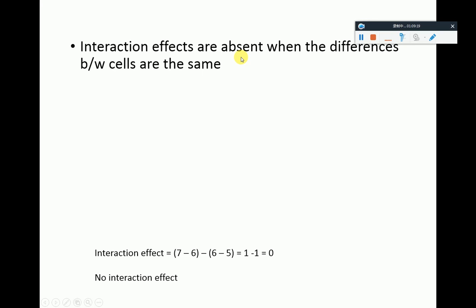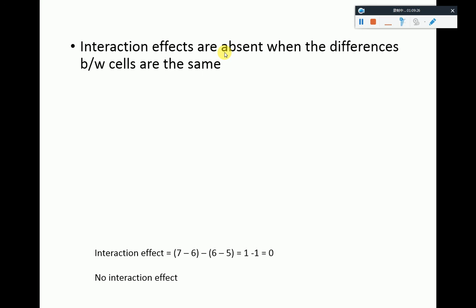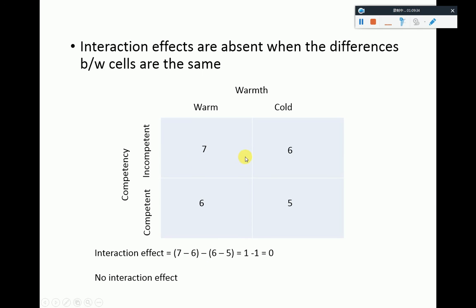And interaction effects, if we follow the same logic, are said to be absent when the differences between the cells are the same. So imagine we have this design here. The difference between these two cells is 1.